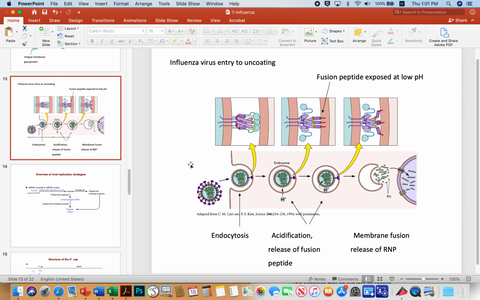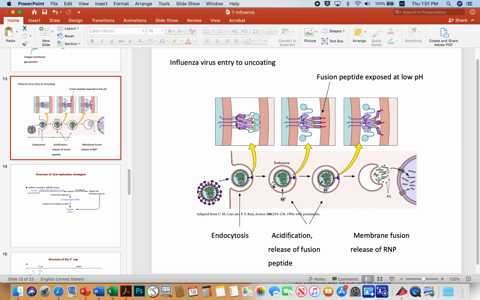The virus enters through something called a fusion peptide, and so the virus's hemagglutinin binds to the sialic acid residues, as you see here, and then the virus is brought into an endosome. The endosome acidifies, so here you see the protons moving in.